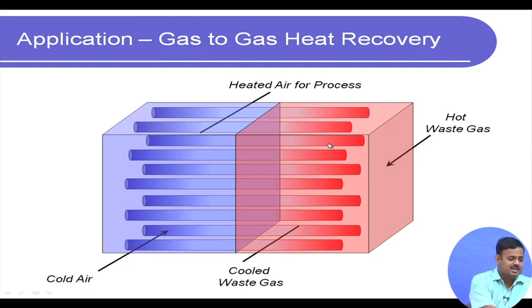So, the way it is done is, you have an array of heat pipes like this, all these circular pipes that you see inside, these are heat pipes, with very high effective thermal conductivity in the axial direction. So, if you just connect the two sections by an array of heat pipes like this, what happens is the thermal energy or heat will be conducted very effectively with minimal temperature drop from the hot gas, which would otherwise have been wasted, to the fluid which we want, in this case air, which we are trying to heat up.